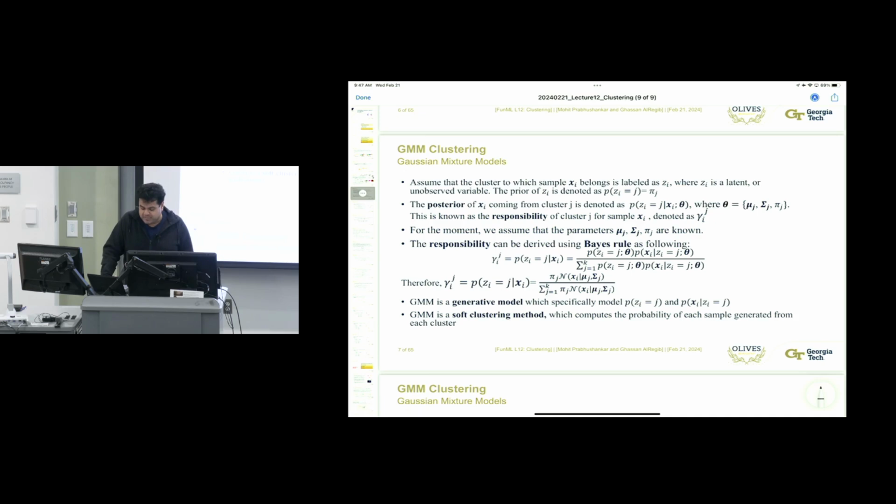All right, so assume that the cluster to which xi belongs is labeled as zi. This is another notation. We'll generally be using this across neural networks and any generative modeling. We assume that there is a certain variable that we don't have access to and will not be able to change. Like I can go to xi and say that I can add noise, xi plus 0.1, xi plus 0.2.